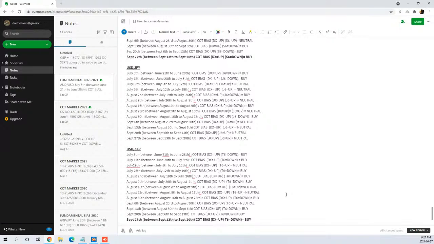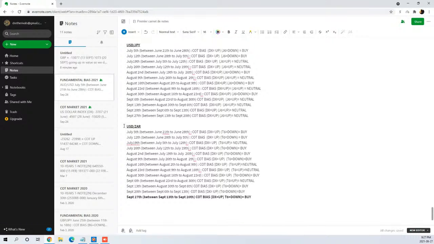And finally, we have the USD ZAR. This is the South African Rand. This one we have as a buy because the ZAR is going down for the week.